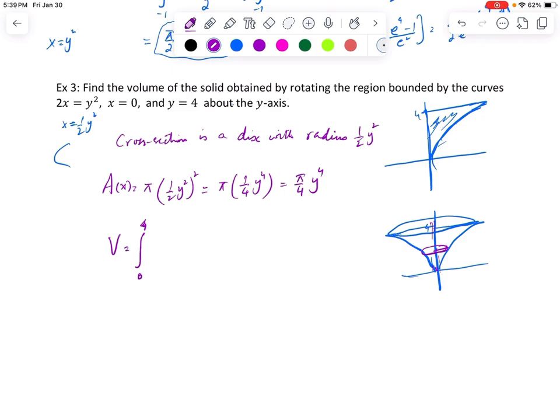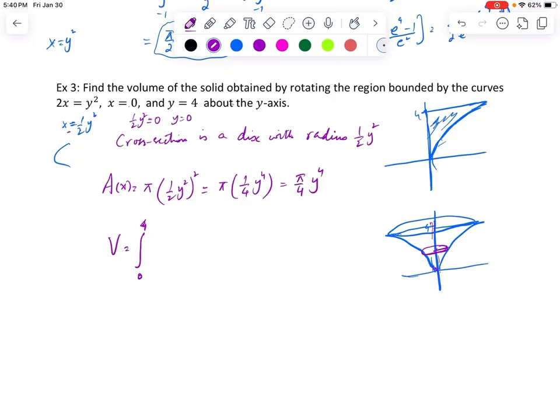How can we find the limits? Remember, we can put these two equations together. x equals this and x equals 0 means you can find the points of intersection: 1/2 y squared equals 0, which gives you 0.